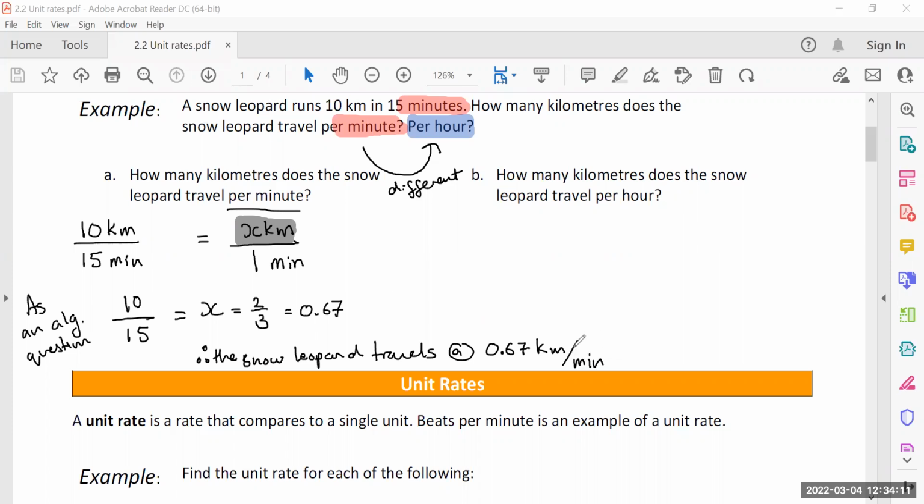And notice how when we talk about it in English, I don't need to write 1 minute, it's just per minute. It's assumed it's a single one. That's it. So again, as I said in my whiteboard, algebra is there. You just don't see it because it's already set up nicely.